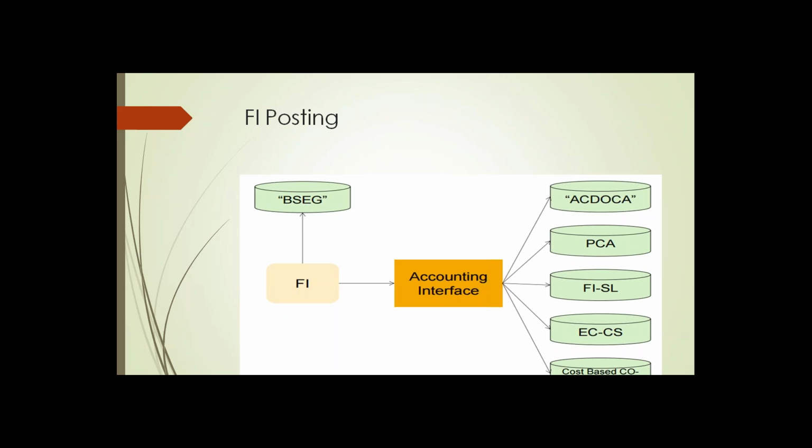That can happen only in cost-based. So even if you don't post in FI, I can calculate these figures in cost-based. But account-based COPA only gets it when it hits an account. So there are quite a few additional functionalities in cost-based COPA which you will lose if you don't implement it.